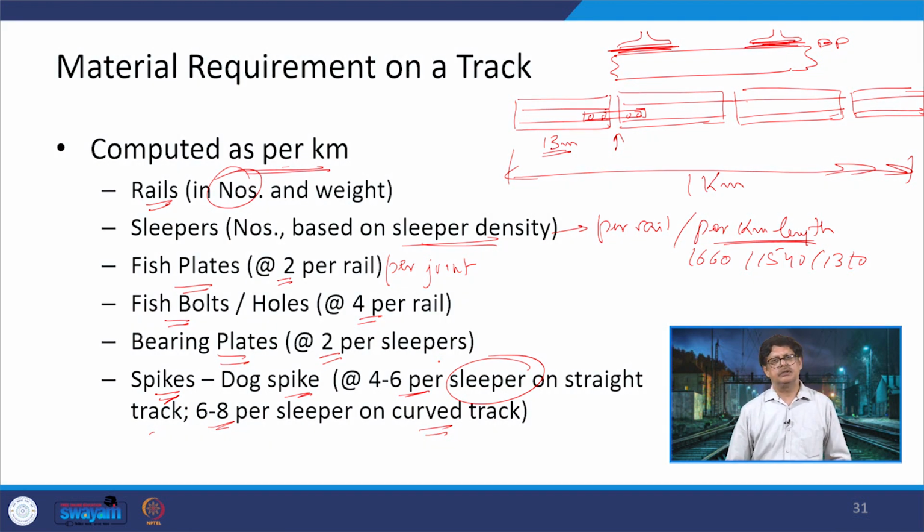So, this is all about the various types of fastenings which can be used to connect the rail with the sleepers. What we have discussed is first the elastic rail clips, and within them the different types of rail clips.